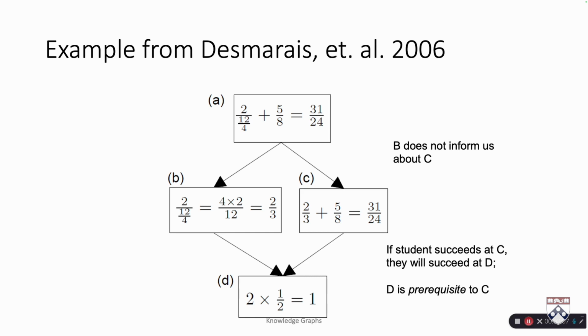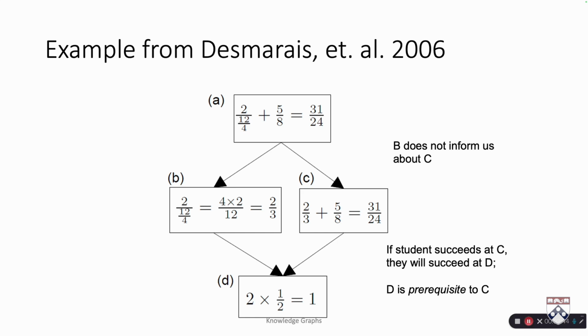You cannot succeed at answering item A if you do not know how to answer items B, C, and D. Inversely, if a student cannot solve item D, they cannot answer any of the questions in the set, which presupposes that there is some kind of prerequisite relationship between item D and item A.